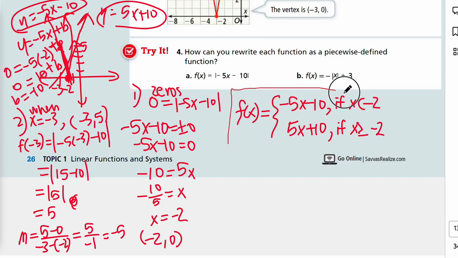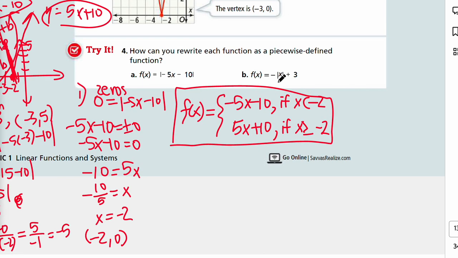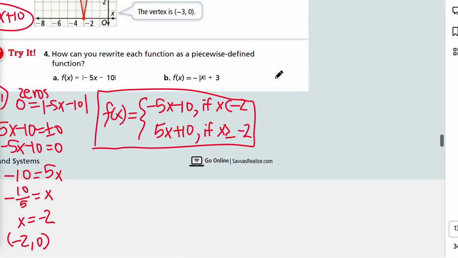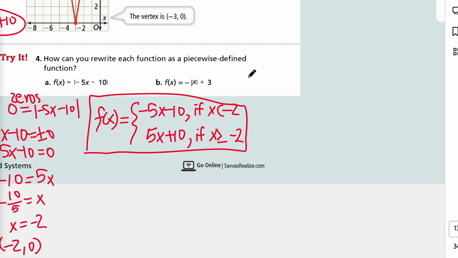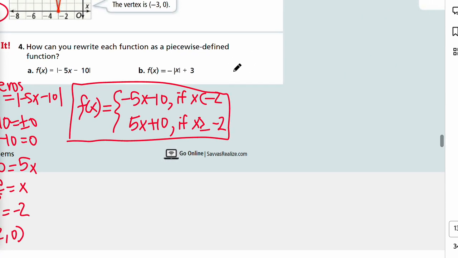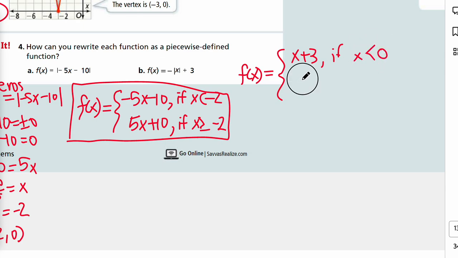So this is for part A. And in the same way, you do the same thing for part B. And let's just check the answer for part B. Part B would be f of x is equal to x plus 3 if x is less than 0, and negative x plus 3 if x is greater than or equal to 0.